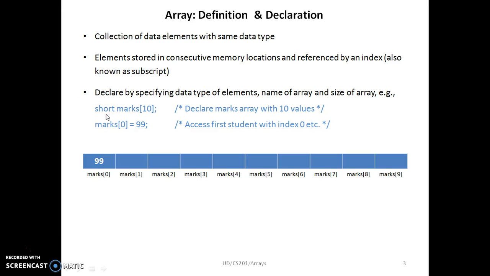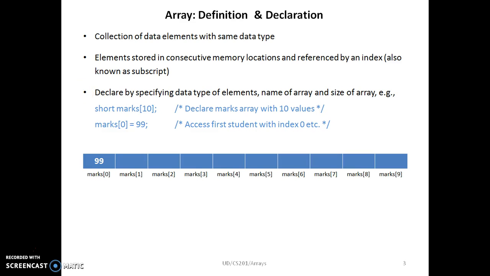Now, how can we declare an array from a C program? You have to specify three things. First, you have to specify the data type. In this example, it is short. Then you have to specify the name of the array, and then within square bracket you have to specify the size of the array, which essentially means how many number of elements in this array.